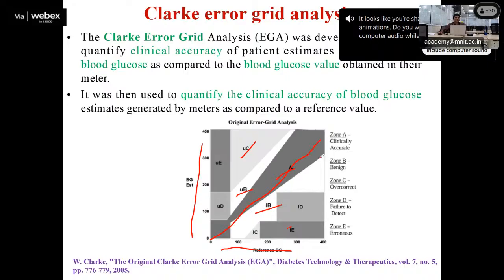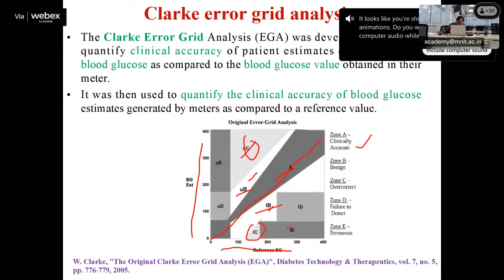If there is a linear matching of estimated against reference blood glucose value, then the value lies in zone A. If it resides in zone A, then I consider that my device is clinically accurate. If there is a slight deviation, maybe 15-20%, then this is zone B. Then you have a zone C.